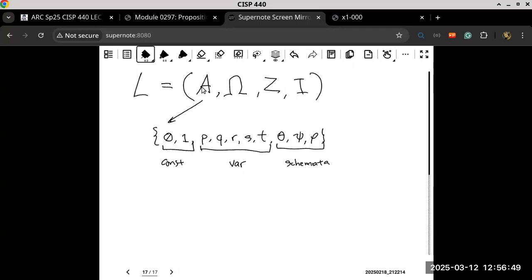And now we go to omega. Each element of omega is a connective. That's one word to call that. But in programming or computer science, we simply call those operators. So every element of omega is an operator. Now what operators do you want to include?